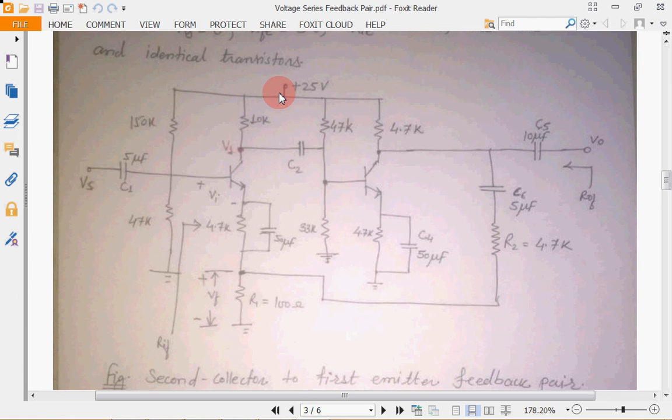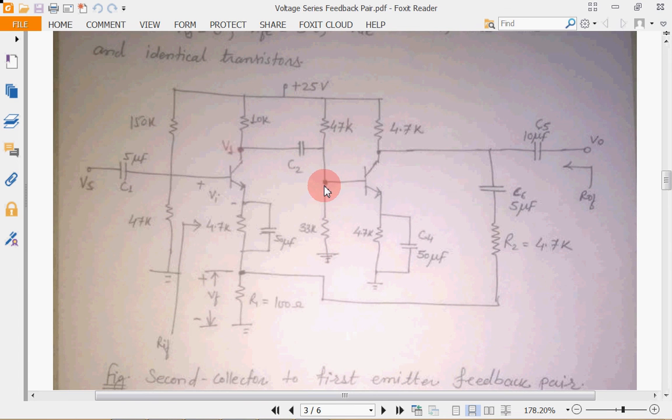I haven't drawn that AC equivalent model here, but for your understanding you can draw it in your copy. If I short circuit all the capacitors and ground this DC source, what will happen? This terminal is grounded, this terminal is shorted. It means these two resistances will come in parallel.